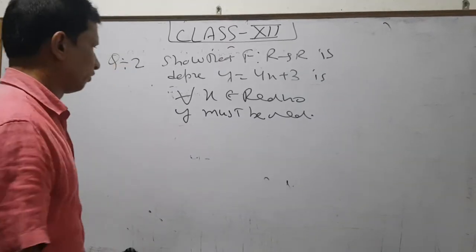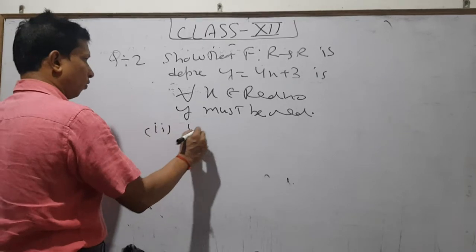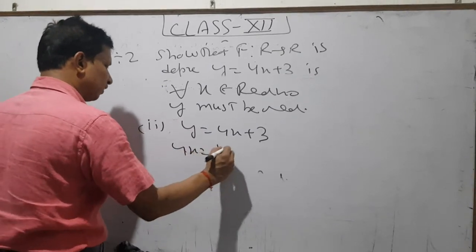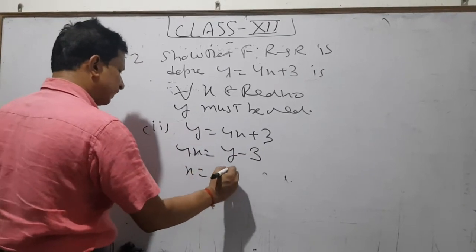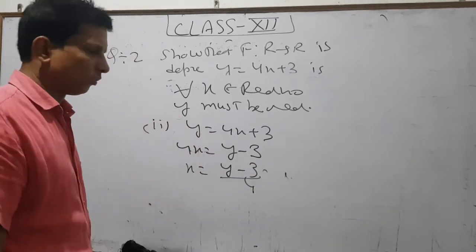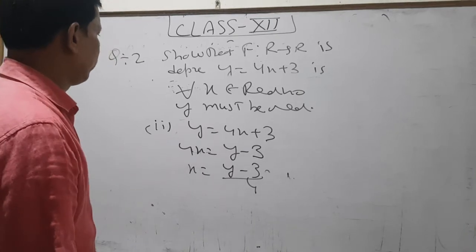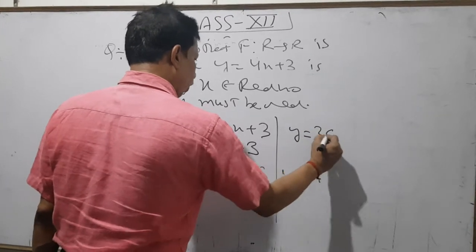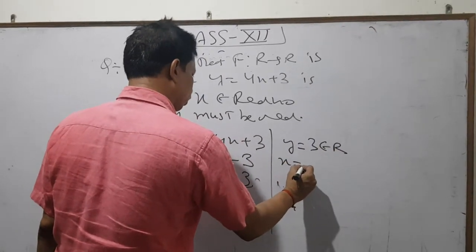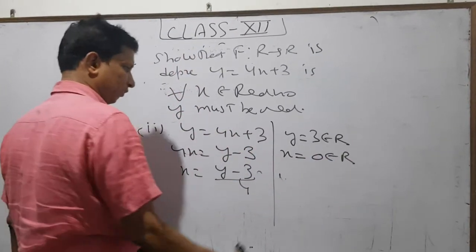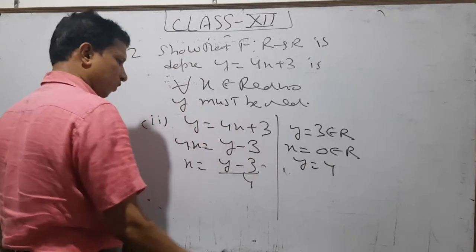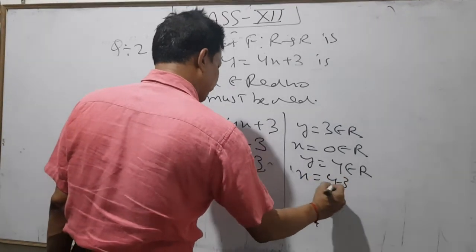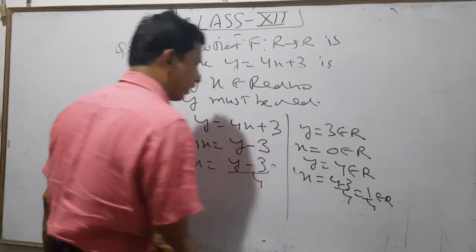Next, change the subject. y = 4x + 3. Change the subject: 4x = y - 3, x = (y - 3)/4. Here, if y is 3, which belongs to the real numbers, then x equals 0 also belongs to the real numbers. If y is 4, then the value of x is (4 - 3)/4, which is 1/4, also belonging to the real numbers.